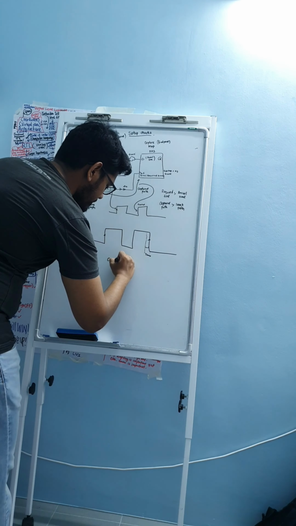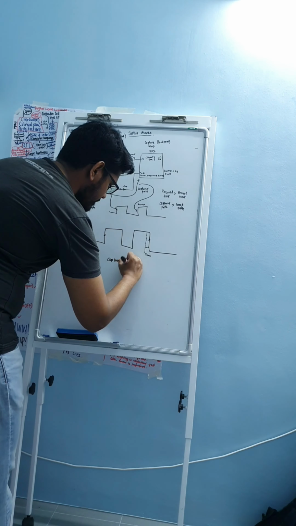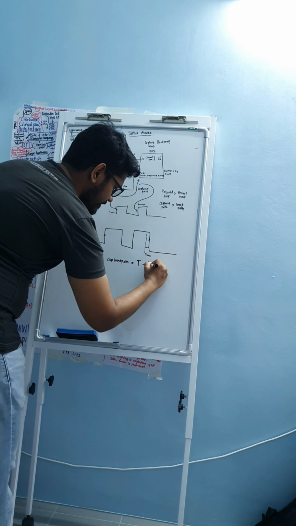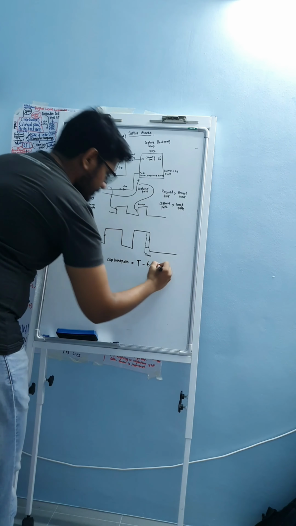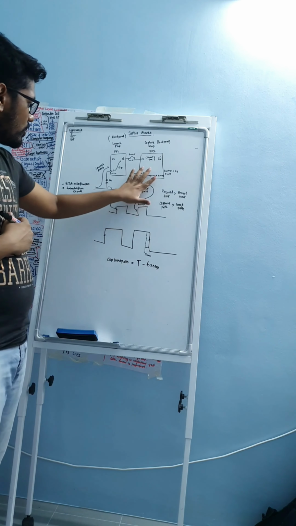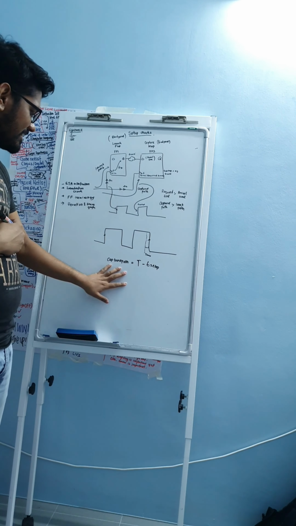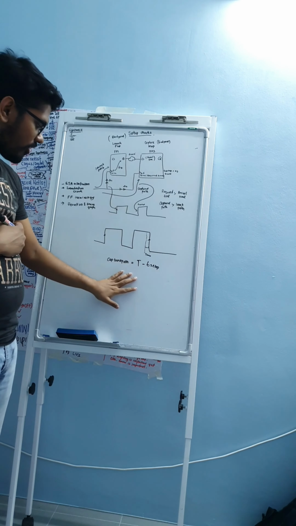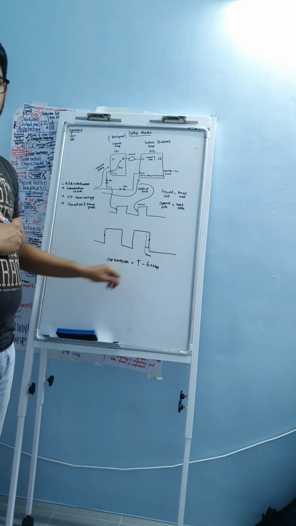The captured path equals T minus T setup. You have to understand this. This is how the equation is going to be. It means that the data has to be stable before T minus T setup.